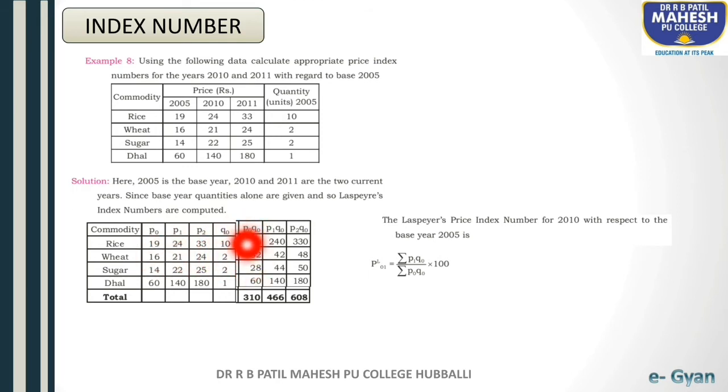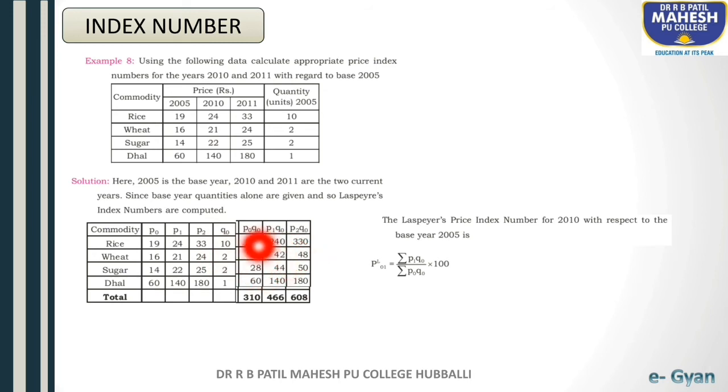These are the values of P0 Q0. Next find P1 into Q0: 24 tens are 240, 21 twos are 42, 22 twos are 44, 140 into 1 is 140. Next find P2 into Q0: 33 tens are 330, 24 twos are 48, 25 twos are 50, 180 into 1 is 180.